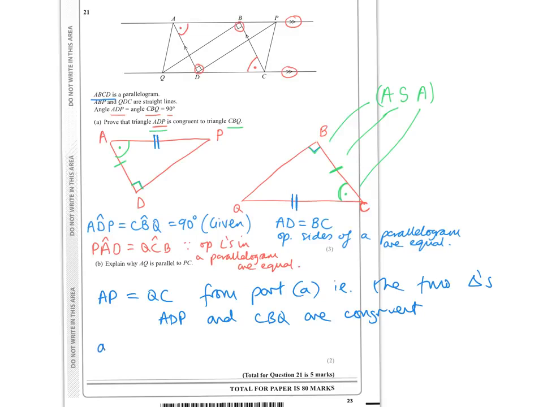Now also AP is parallel to QC. Remember at the beginning I said look out for these here, okay? That's important. So we can say that that is given. So from that we can say therefore APCQ is a parallelogram.